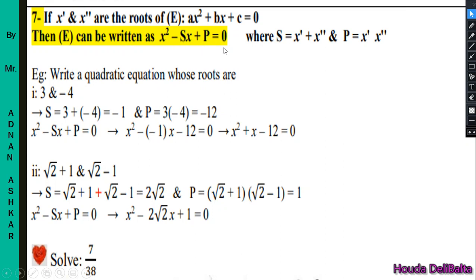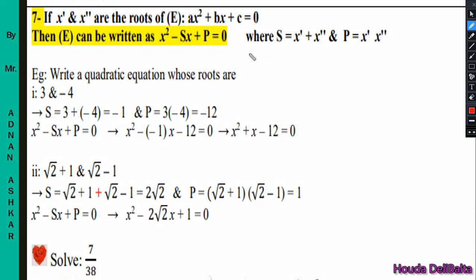This is a rule where s is the sum and p is the product. So x squared minus sx plus p equals 0, where s is x prime plus x double prime and p is x prime times x double prime.